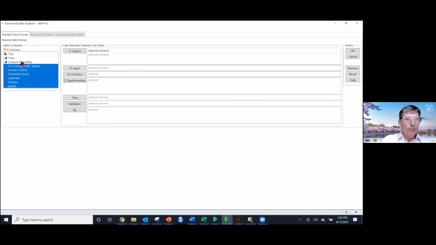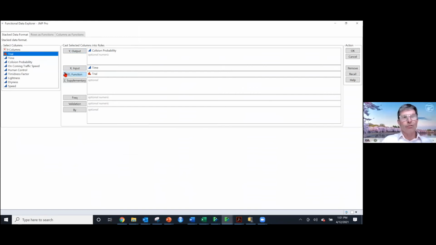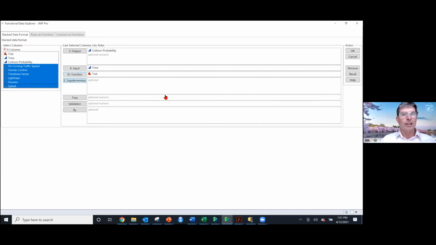My output of interest here is the probability of collision as a function of time. Then I put in the trial as an ID function that tells me here are 100 different runs. And my supplementary variables are going to be these Z's. So I'll go ahead and hit OK.